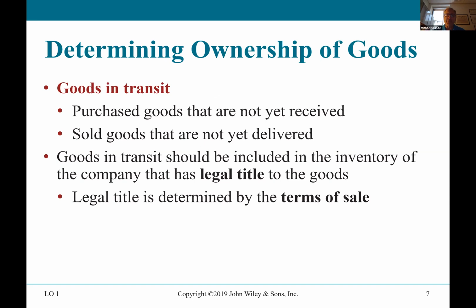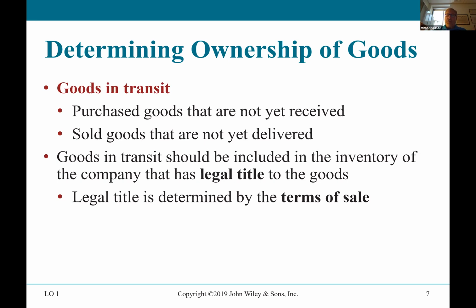Determining ownership of goods. We're going to spend a little bit of time here, and we're going to see a problem later on. When does the company own the inventory? Goods in transit: purchased goods that are not yet received. It may not be physically there, but do they own them? Do they not own them? It depends. Also sold goods that are not yet delivered.